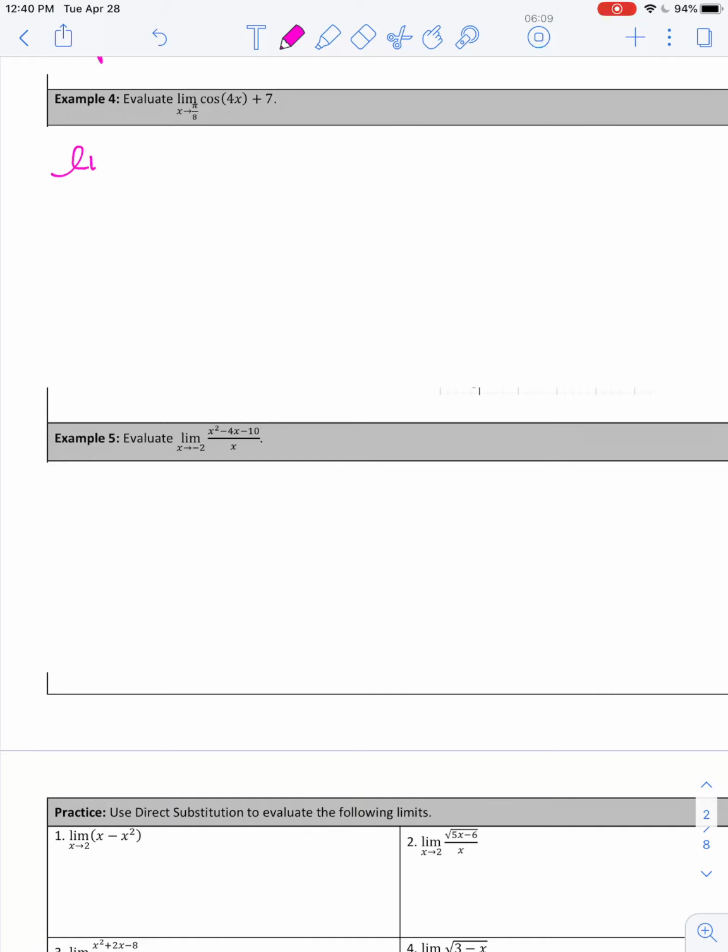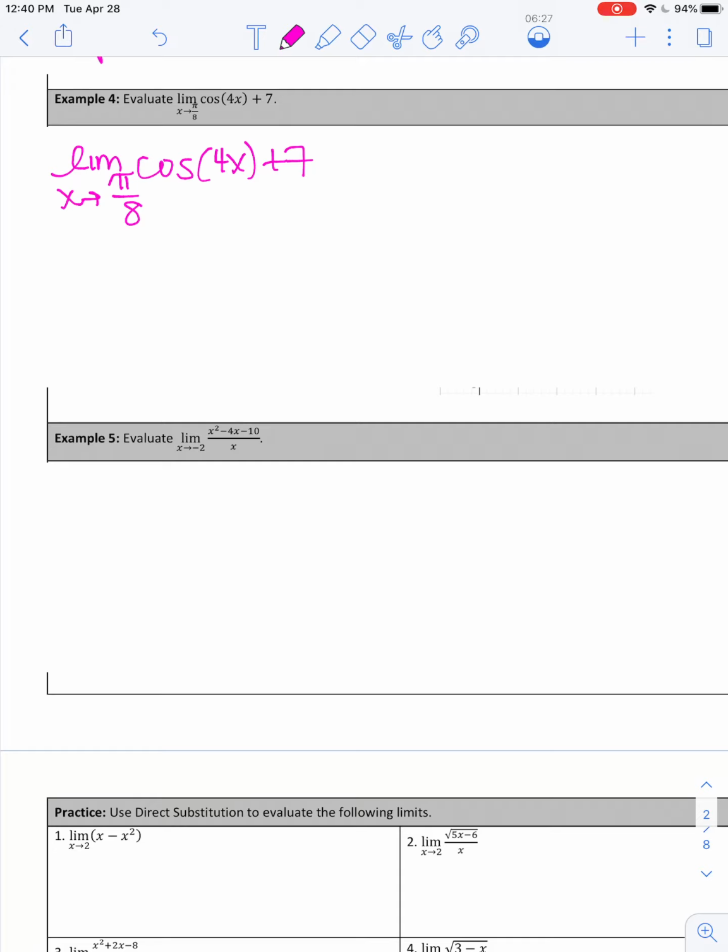Example 4, we're looking at the limit as x approaches pi over 8 of cosine of 4x plus 7. So I'm going to go ahead and substitute in that c value of pi over 8 into my function.